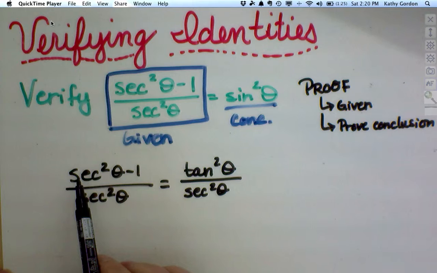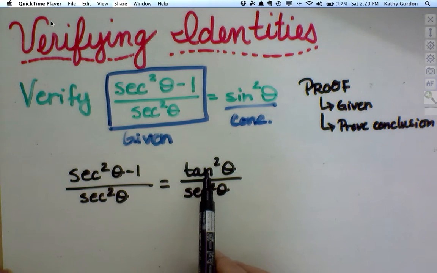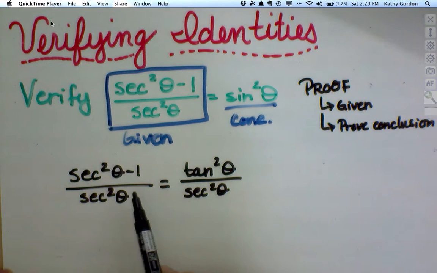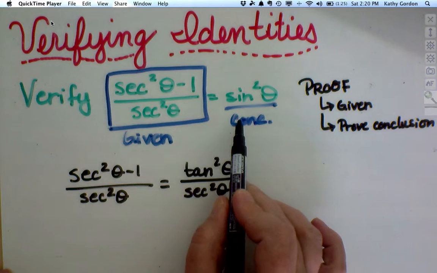So we're going to replace secant squared theta minus 1 with tangent squared theta in the numerator. My denominator is going to stay the same at this point. I haven't changed that at all. So there's my first logical step toward trying to reach this conclusion.